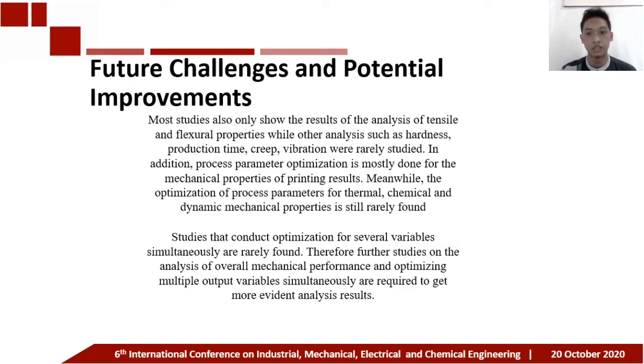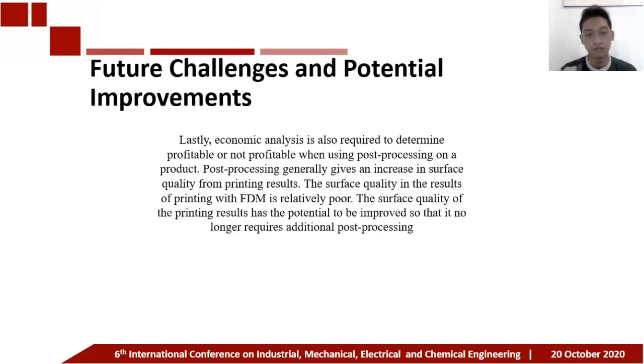Therefore, further studies on the analysis of overall mechanical performance and optimizing multiple output variables simultaneously are required to get more evident analysis results. Lastly, economic analysis is also required to determine whether using post-processing on a product is profitable or not.